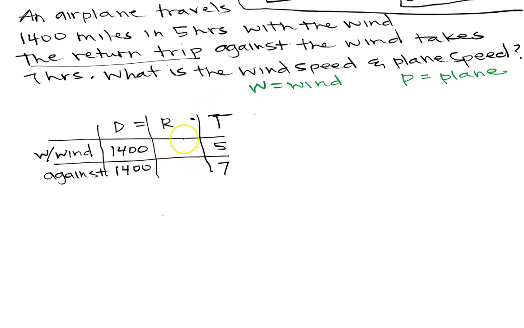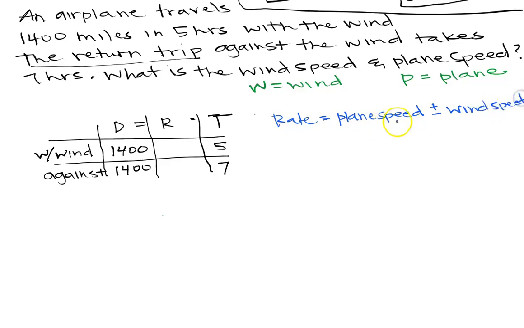Okay, but this part right here, this rate, is where a lot of students get confused. So watch this carefully. The rate is made up of two different things. It's made up of the speed of the plane, so we just put plane speed, and then plus or minus the wind speed.